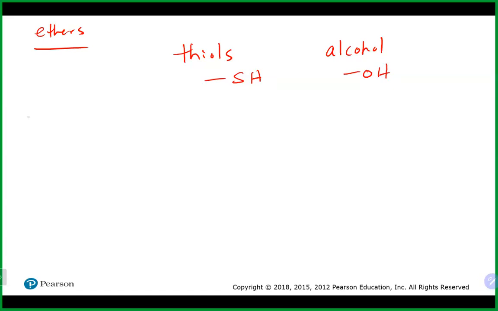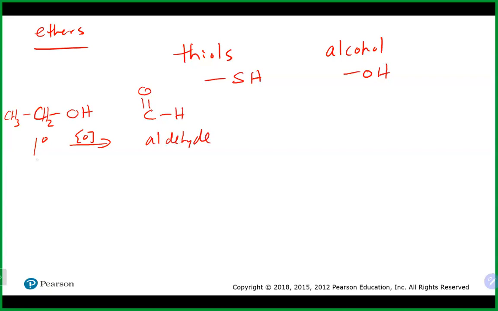If we take a primary alcohol and oxidize it, we do get our aldehyde group that forms. And as we talked about today and previously, if we oxidize it one more time, we will get our carboxylic acid that will form.